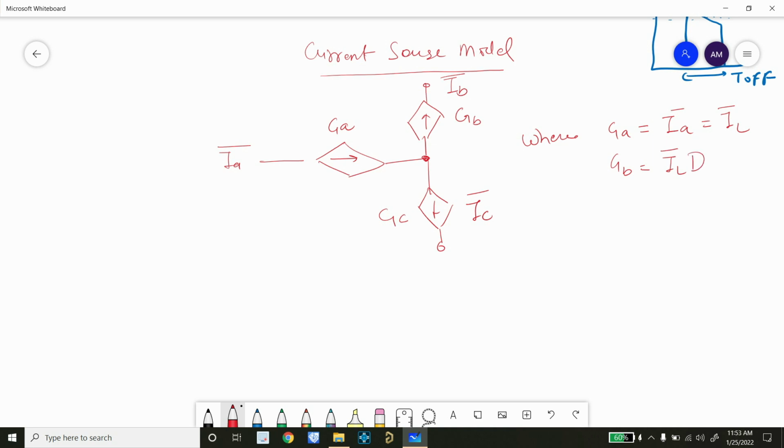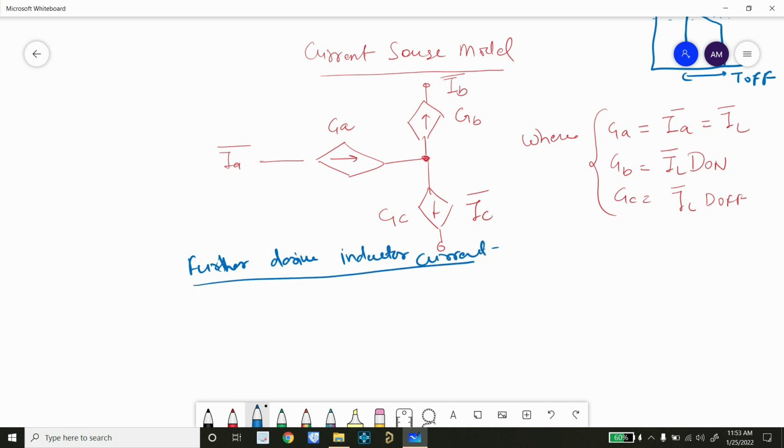G_B is equal to the average inductor current multiplied by D on, and G_C is equal to the average inductor current multiplied by D off. Now if we further derive the inductor current, we get dI_L divided by dt is equal to V_L upon L.